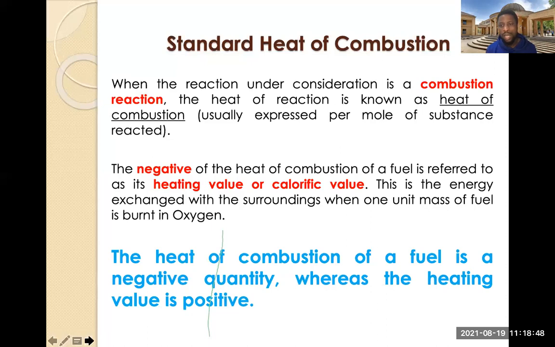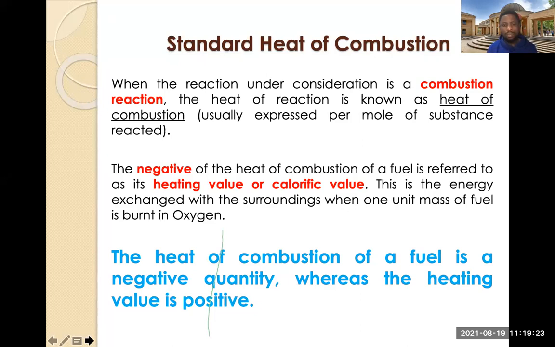And how does combustion take place? There is a vigorous reaction between a substance and oxygen. In some cases, we just say air, but specifically, we say oxygen. When there's a vigorous reaction with oxygen, for example, there's an explosion. Or you have a gas heater. You turn on a gas heater or a gas cooker, that is combustion taking place.